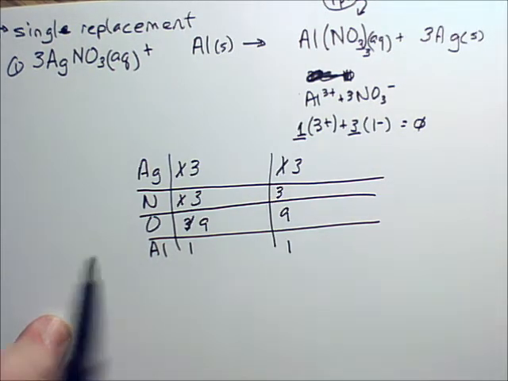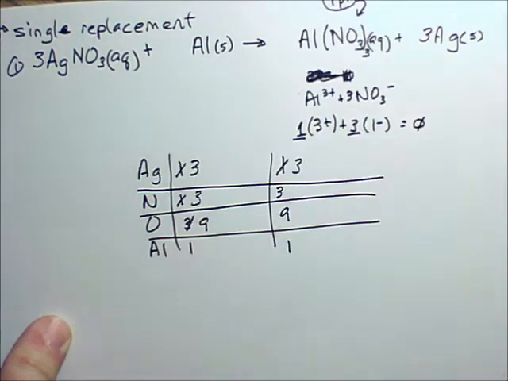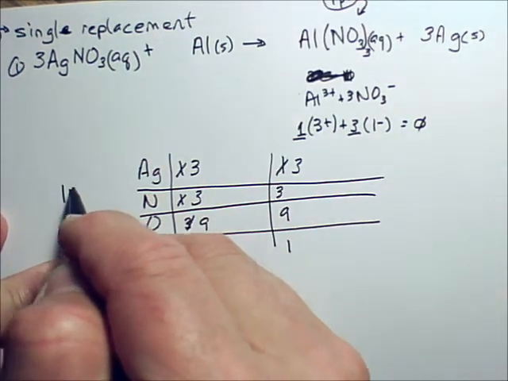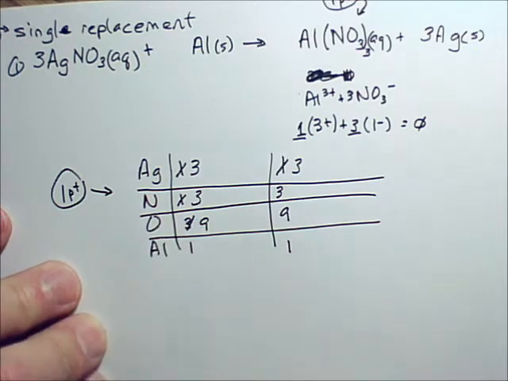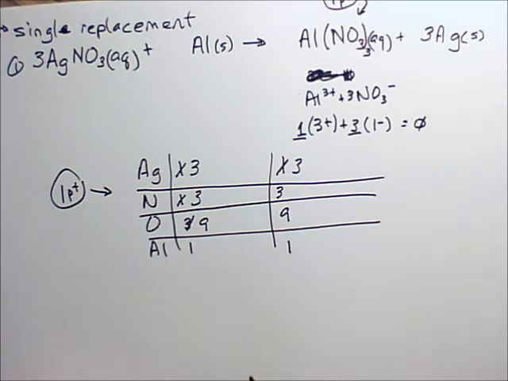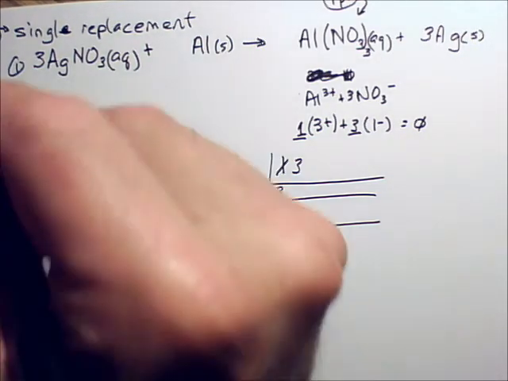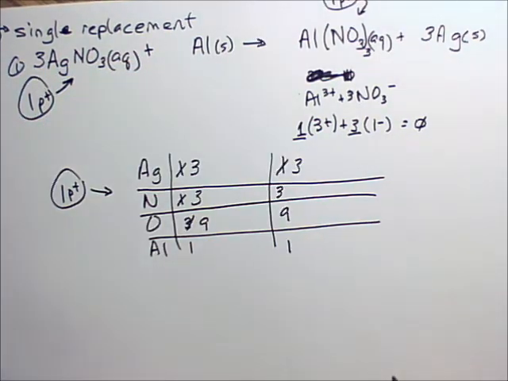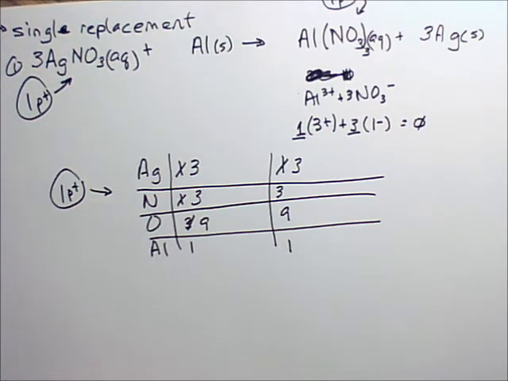No, if everything's right, it's worth a point. Okay? We're going to have 1 point for the correct and complete atom inventory, and we're going to have 1 point for the correct and complete balanced chemical equation.